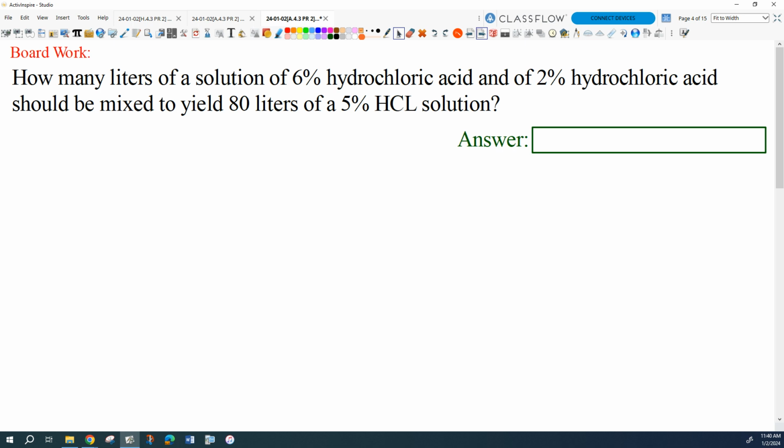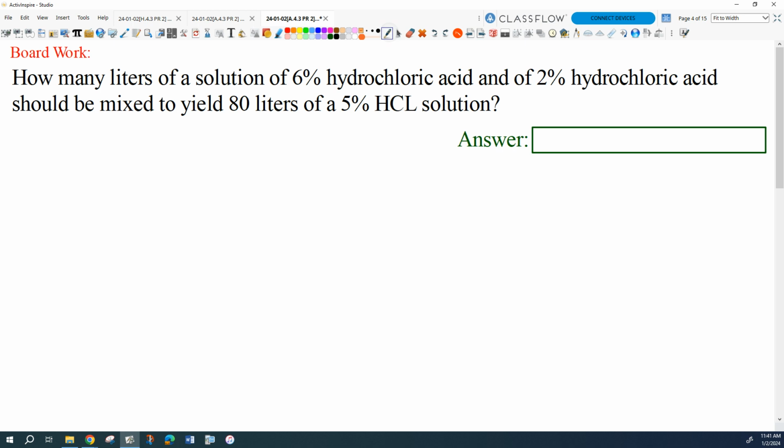Okay, so we're trying to figure out what are the variables here? What are the unknowns? What's being asked for? What are they asking for? Because those are the unknowns. Okay, liters of each of the two solutions. Okay, good.